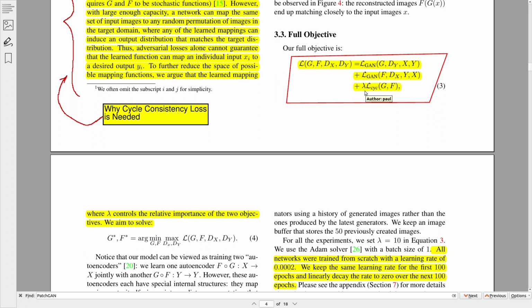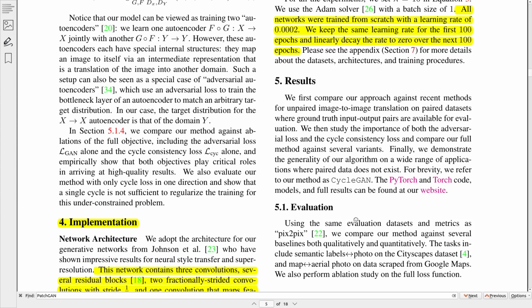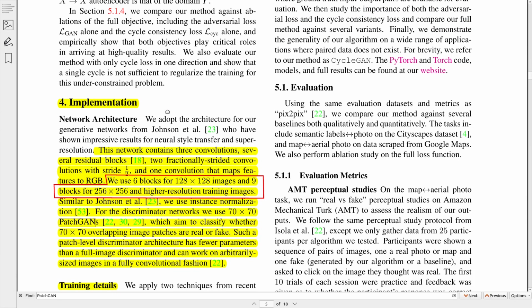And this variable lambda just controls the relative importance of the two objectives. So lambda is just a weightage factor, that is, to what extent I should weight the different parts of this overall loss objective.